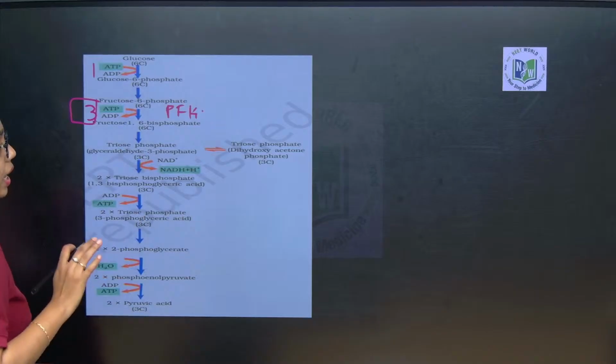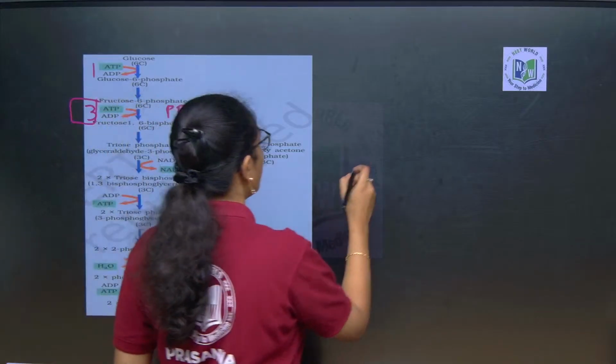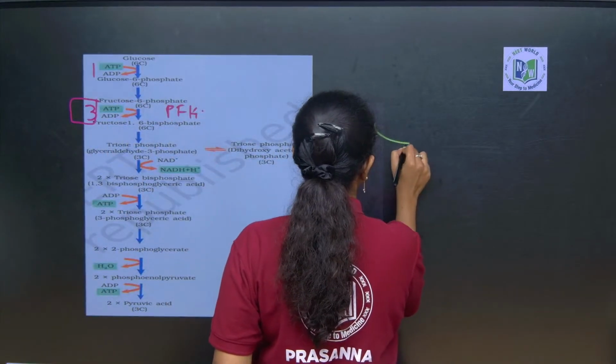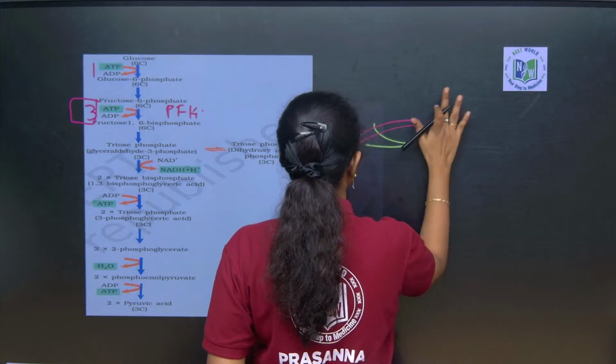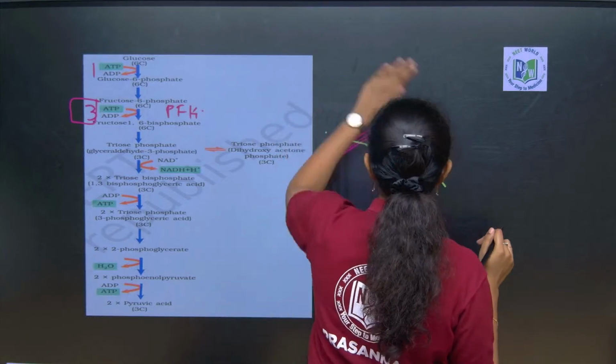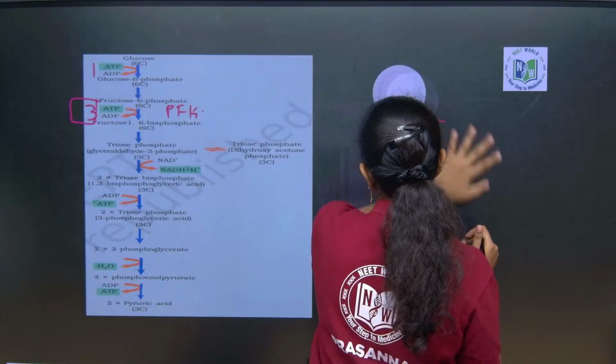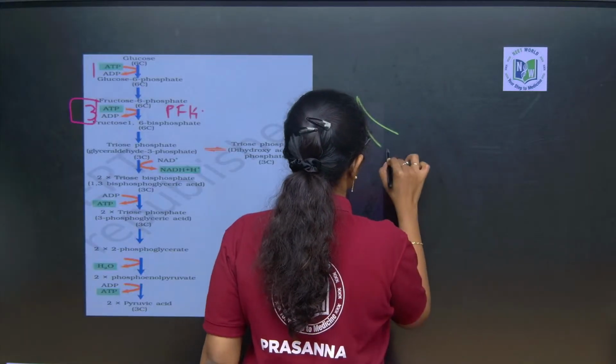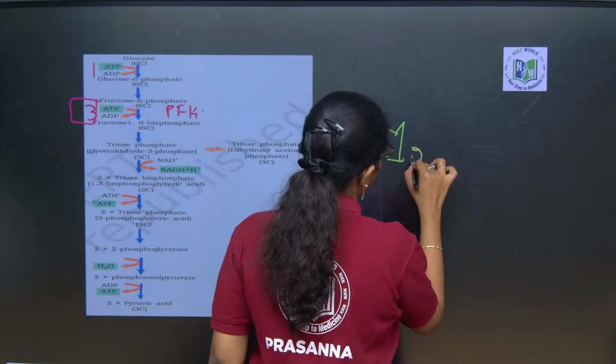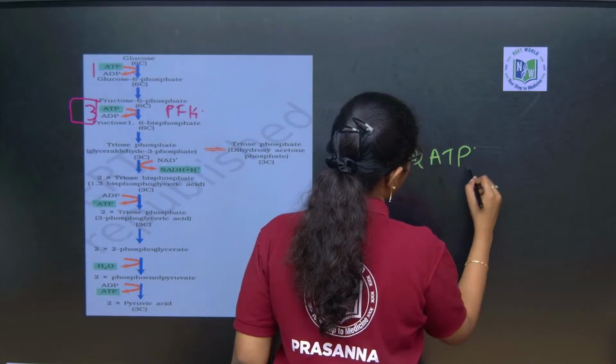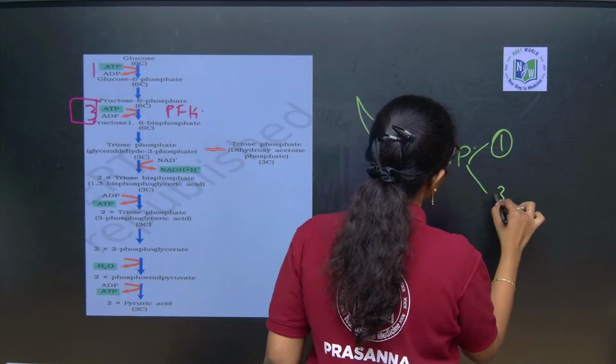So, 2 ATP molecules are utilized in the first and third step.